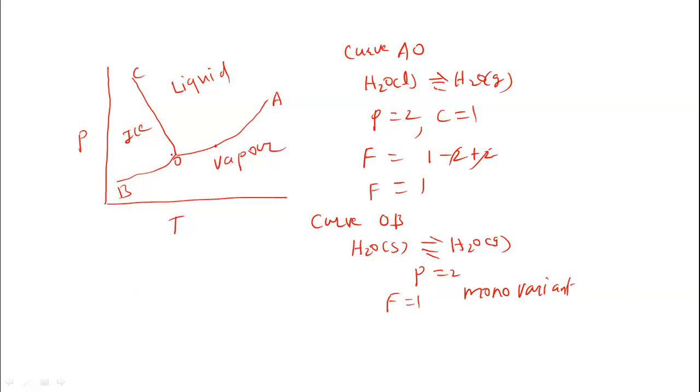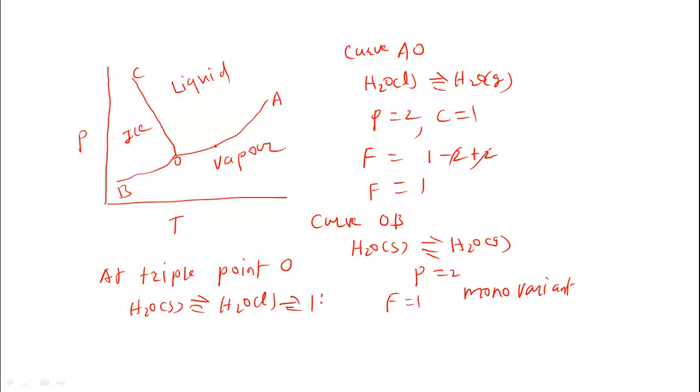Then you can take the triple point here. This is the triple point. The three curves meet here. At the triple point, the three phases are existing. At triple point O, which are the three phases? Solid ice is in equilibrium with liquid water, and liquid water is in equilibrium with vapor water. So we can represent this in this way.